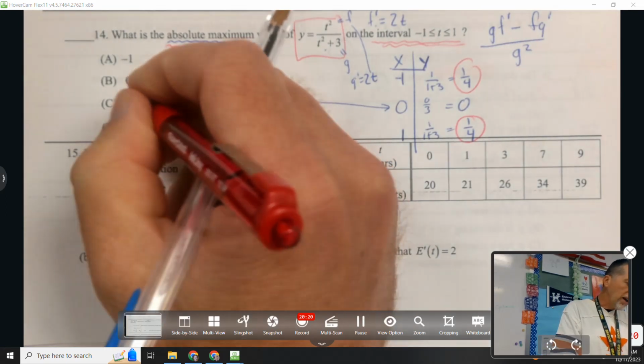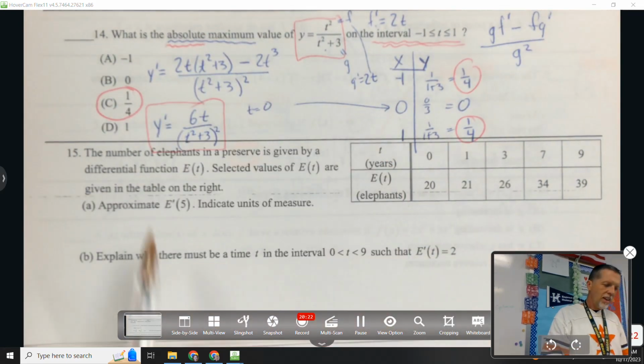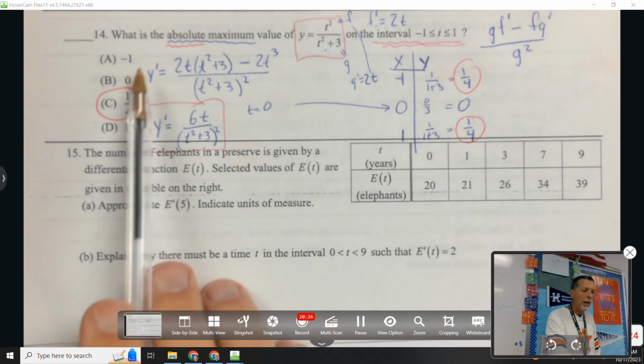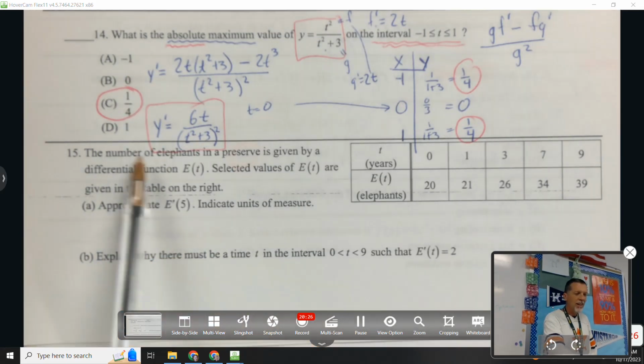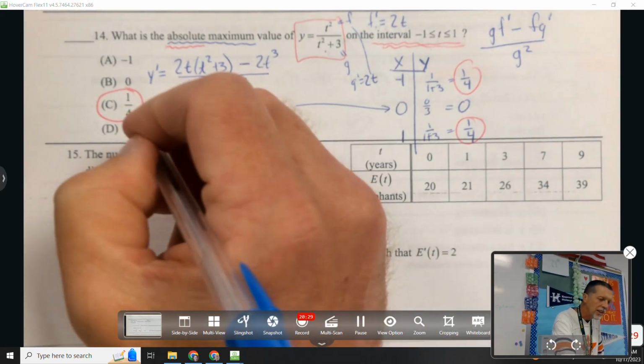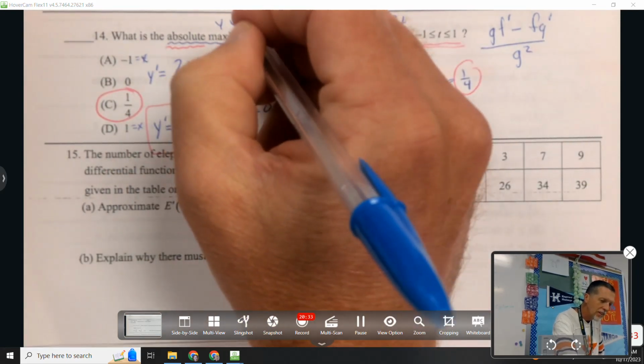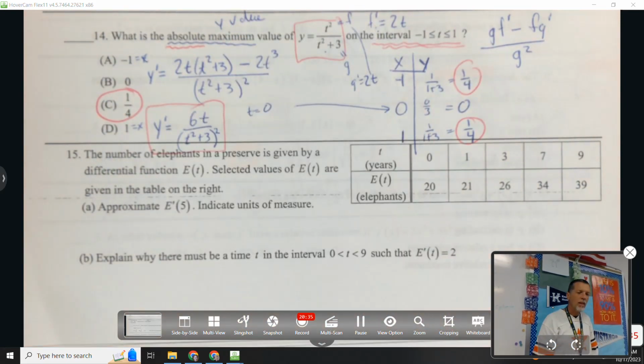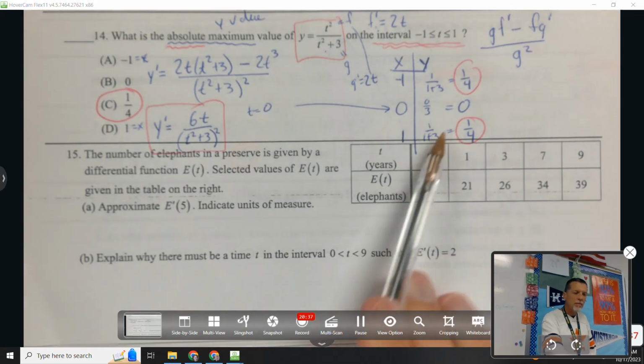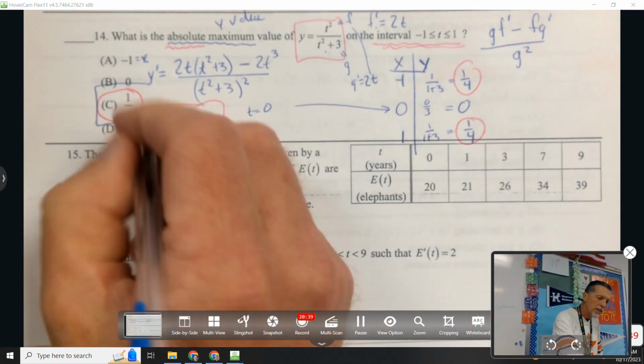It happens twice, and there's all kinds of tricky answers on this. It happens at x equals -1, and it happens at x equals 1, but that's not what the question asks. The question wants the y value. 0 is the minimum, but the maximum is 1/4.